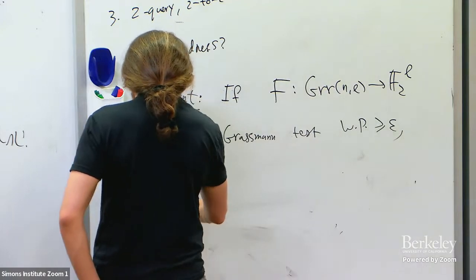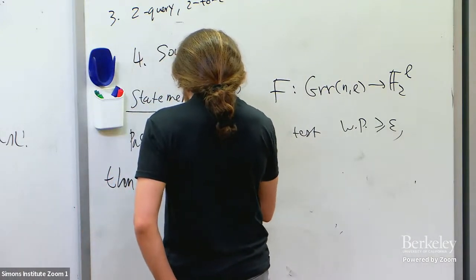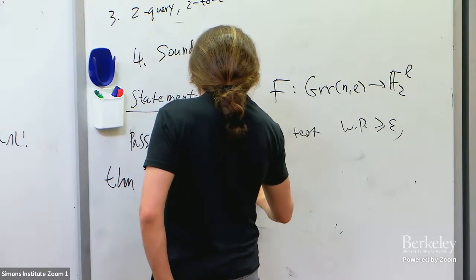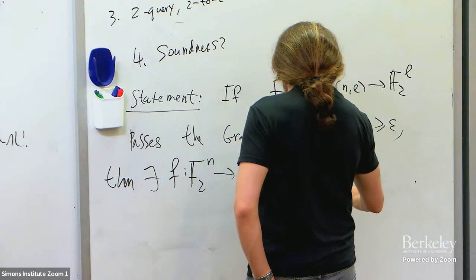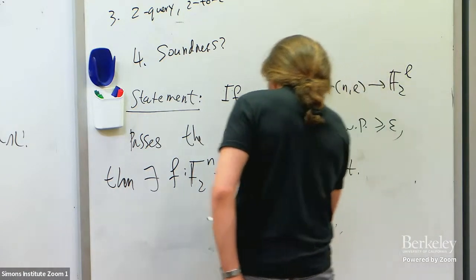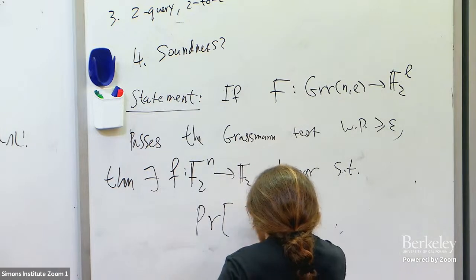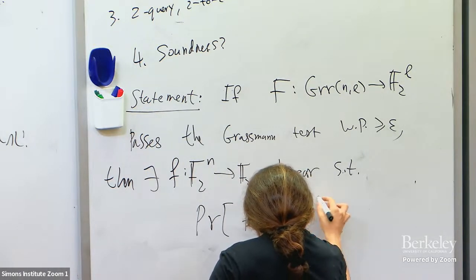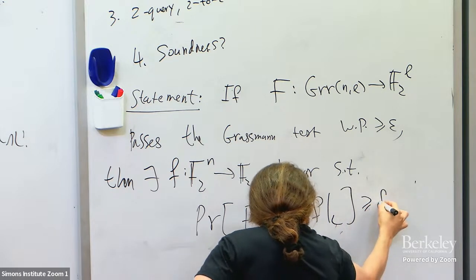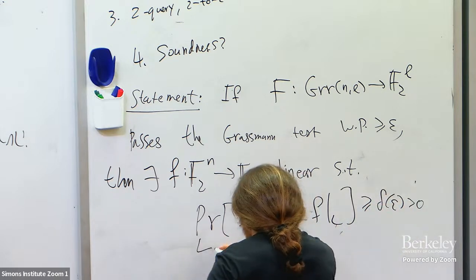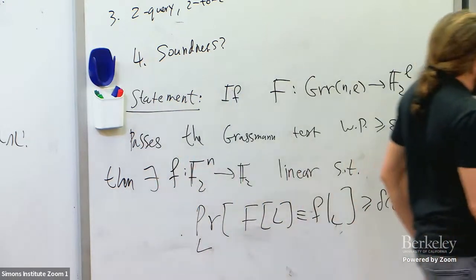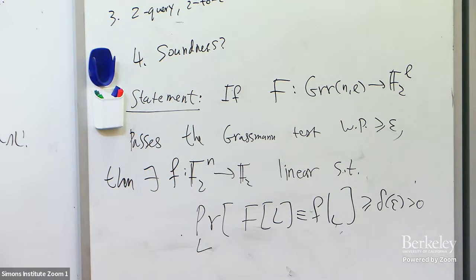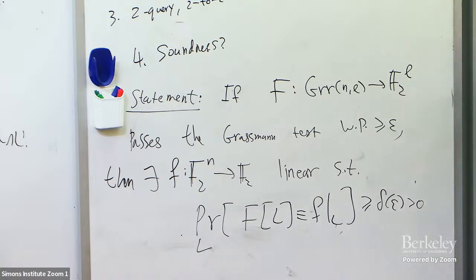Then you would expect there to be a linear function such that capital F agrees with little f on a lot of subspaces. So this is the most hopeful statement you can come up with, and you can try to prove it, but you'll not succeed because it's just false.